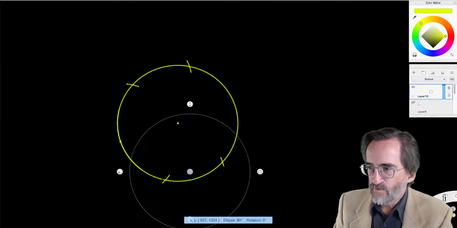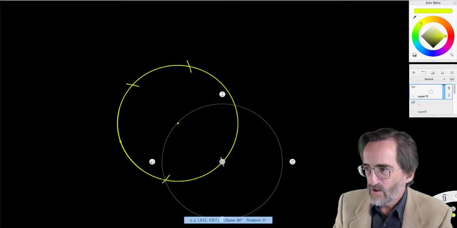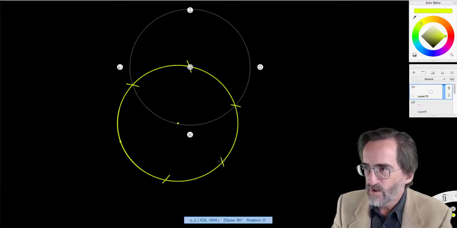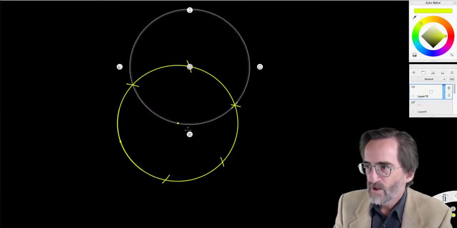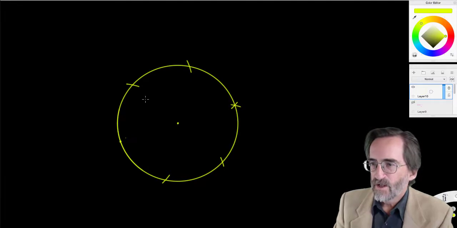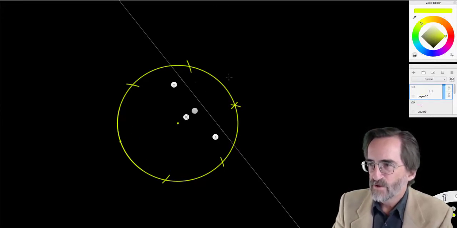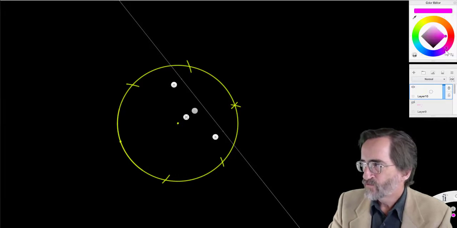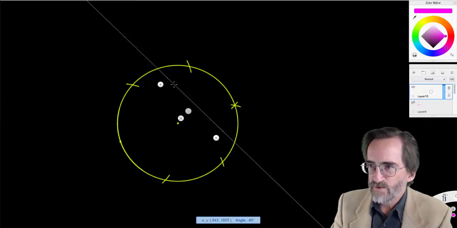If you do it right, when you get all the way around the circle, you should end up right on top of where you started. Yep, so those match. And you will see there are 6 points equally spaced around the circle. You can now connect those points with line segments.